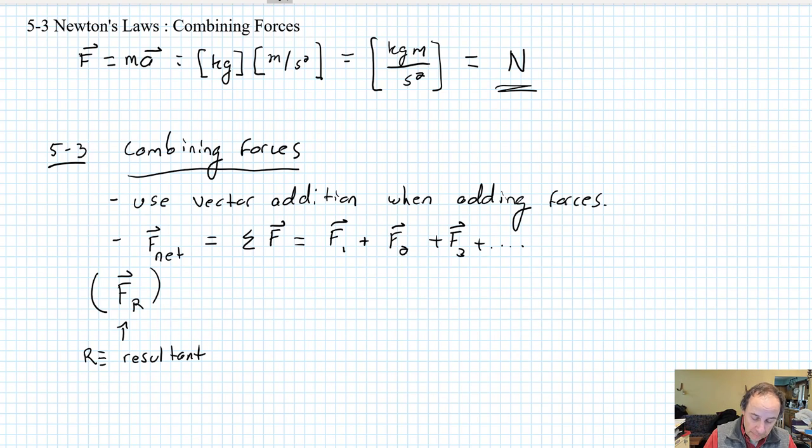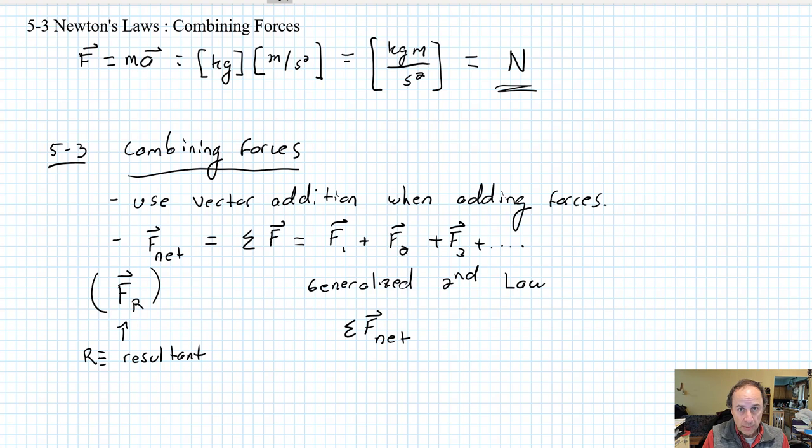So the generalized second law, or the real second law, because before we weren't worrying about what was happening in different directions, but if we take the whole thing in all three dimensions, we have the sum of the forces, the net force vector acting on a body, is equal to the mass times the acceleration vector.